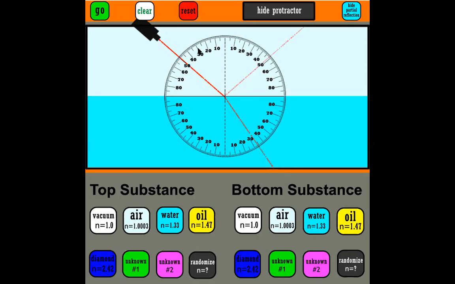All right. So again, angle of incidence and angle of reflection are both 49 degrees if I move my protractor on the right and get it zeroed up, but the angle of refraction is smaller.